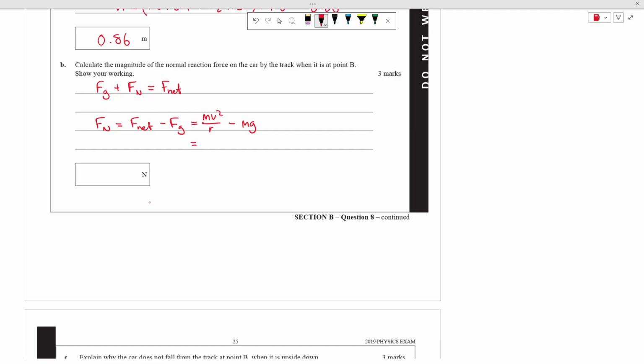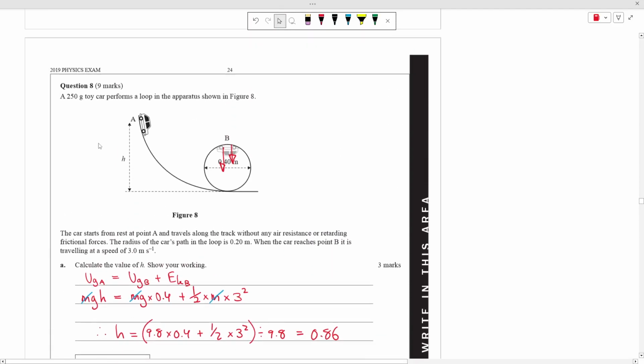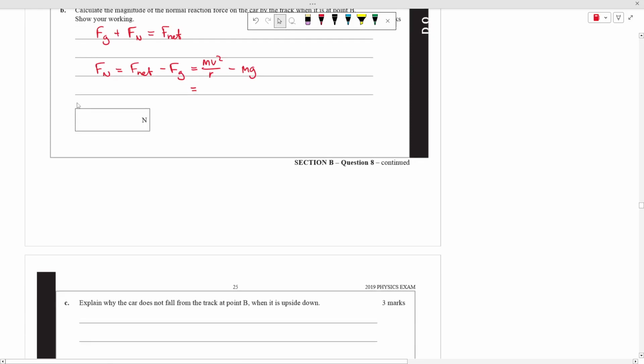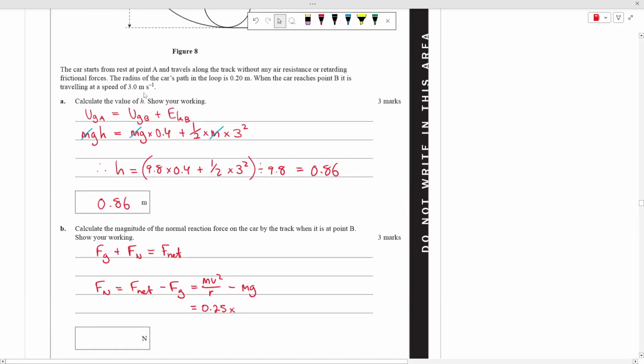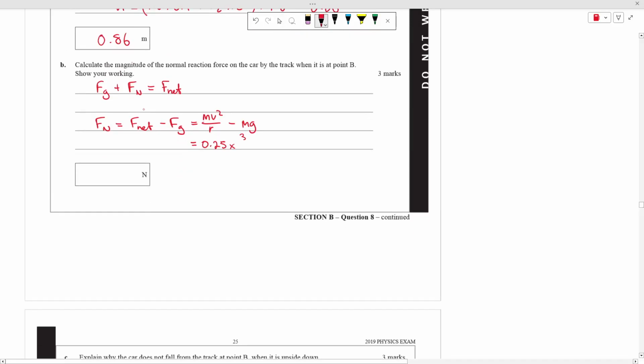So mass of the car, 250 grams, or 0.25, times v squared, I think it's 3 squared, so 3 squared over the radius, which was 0.2, minus 0.25 times 9.8.